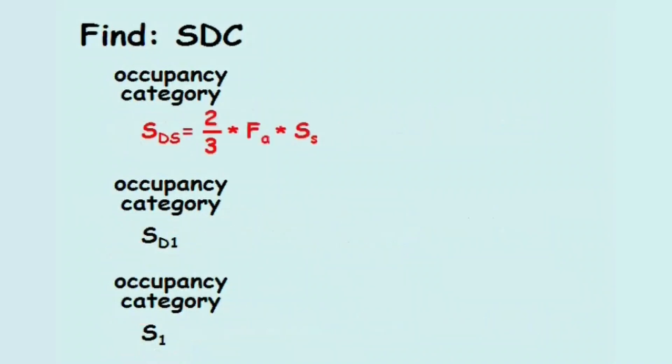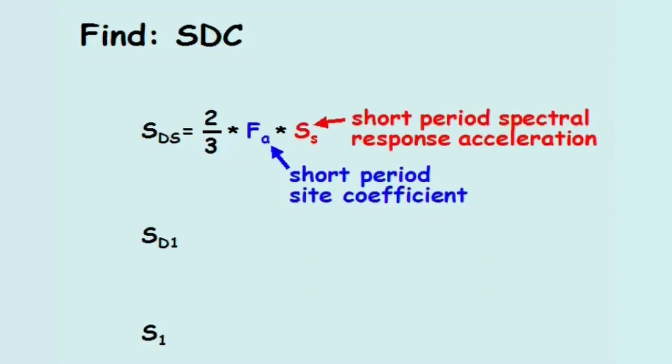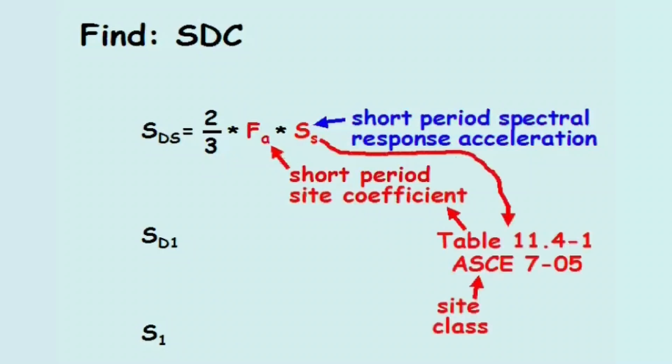For example, the short period design spectral acceleration, SDS, equals 2/3 times the short period site coefficient, FA, times the short period spectral response acceleration, SS. The short period site coefficient, FA, is determined using the site class, Table 11.4-1 from ASCE 7, and the short period spectral response acceleration.